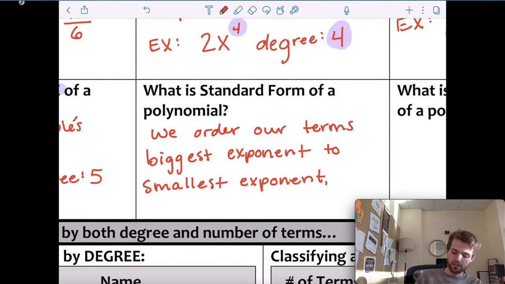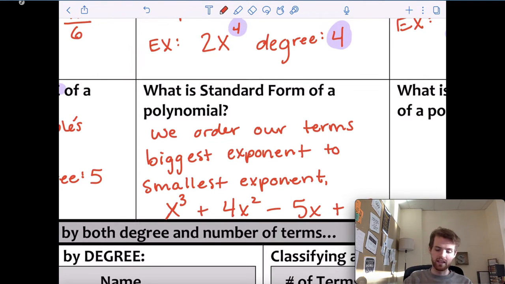That means we would need to see something like x cubed plus 4x squared minus 5x plus 17. All of the exponents here, we start with the biggest number and then we keep going down.